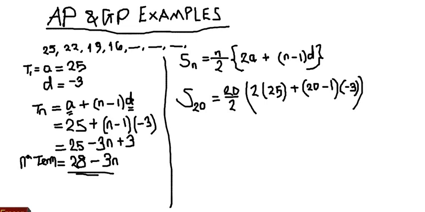So that is our calculation for the sum of the first 20 terms. So 20 over 2 here is 10. Then inside here we have 2 times 25, which is 50. Then we can say plus 20 minus 1, which is 19, times negative 3.